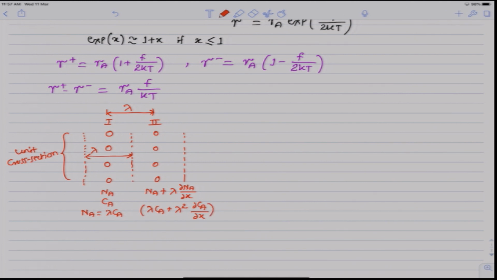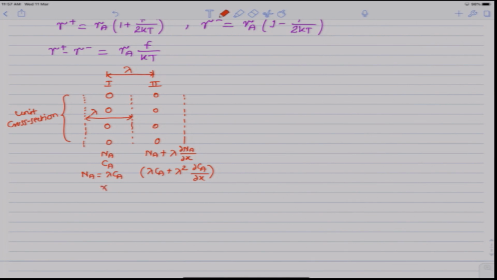Now, we will be treating here the diffusion that occurs by vacancy mechanism. So, it is important to know the vacancy concentrations on the two planes. So, if we express the vacancy concentration of plane 1 as x1v, and there is also a gradient in vacancy concentration, the vacancy concentration on plane 2 would be x1v plus lambda times the gradient in x1v with respect to x.